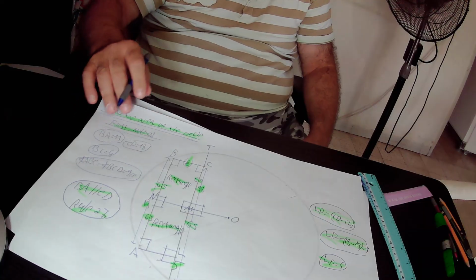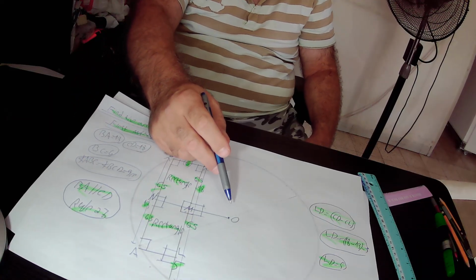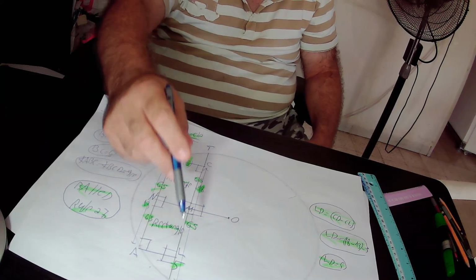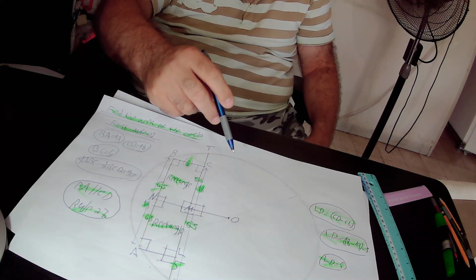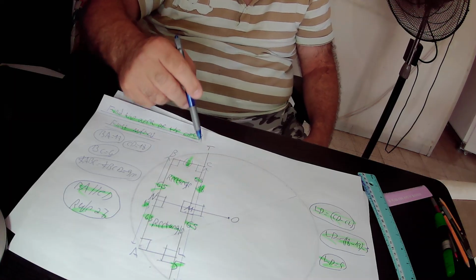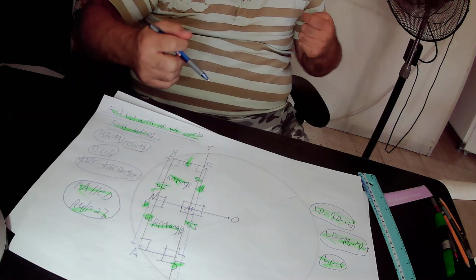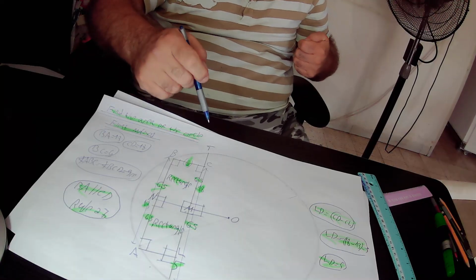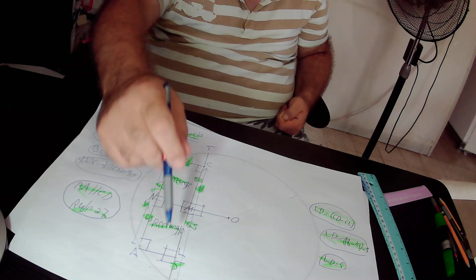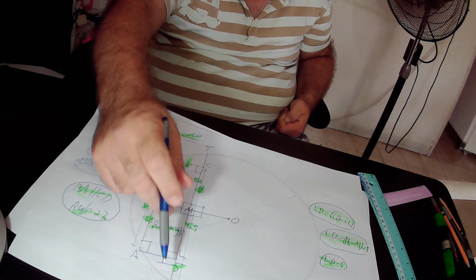Why? Because from the center of this circle, that is to say from point O, we have perpendicular OM on chord TD. And according to Rule 19, perpendicular OM bisects chord TD. If perpendicular OM bisects chord TD, it means that TM equals MD.